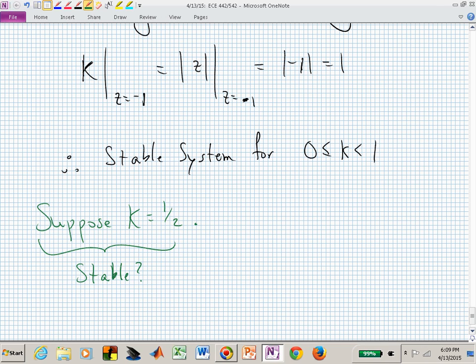I would hopefully say, is it stable, and justify your answer. If I didn't say justify your answer, I might have to just accept a yes or a no. A no would be incorrect. You wouldn't want to answer that for this. But is everyone comfortable with claiming that this is a stable value for the gain k?